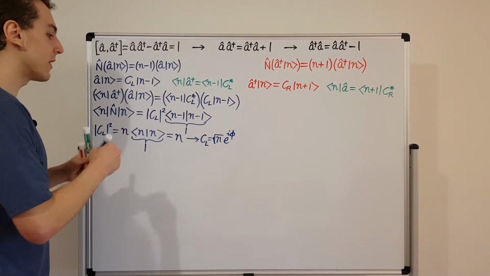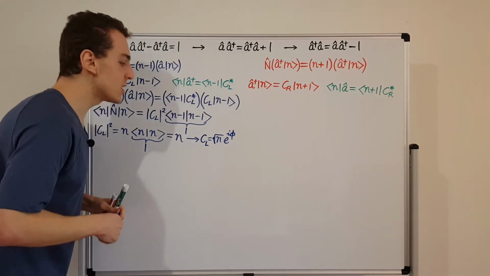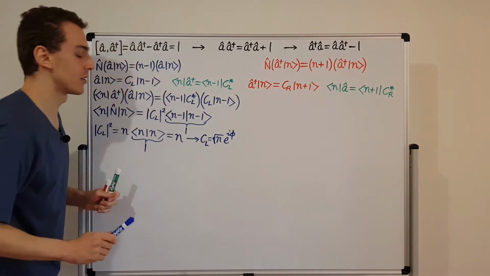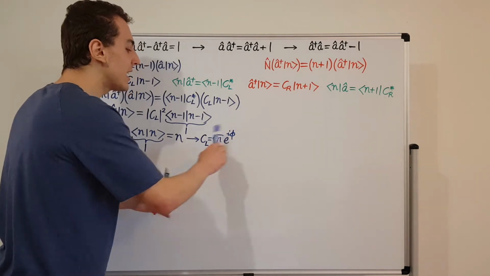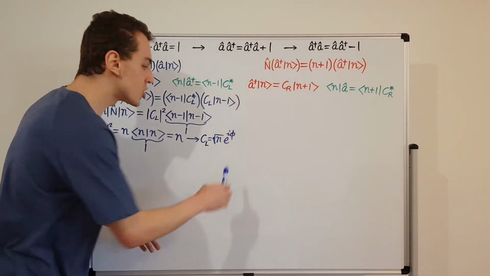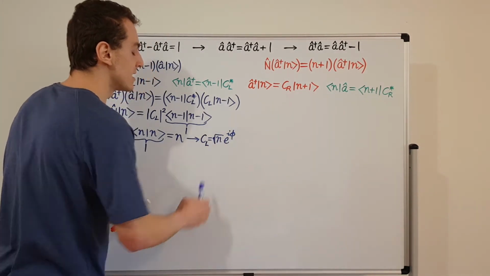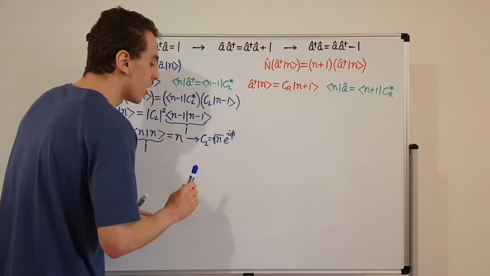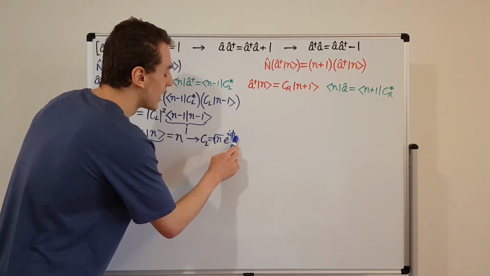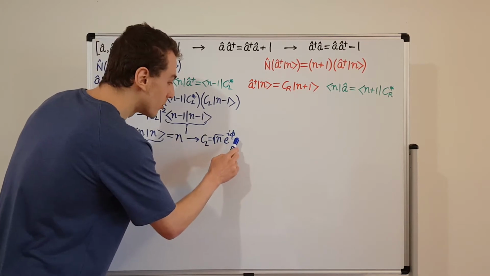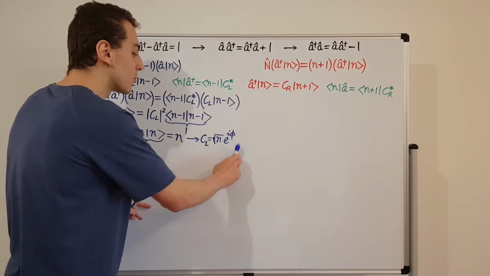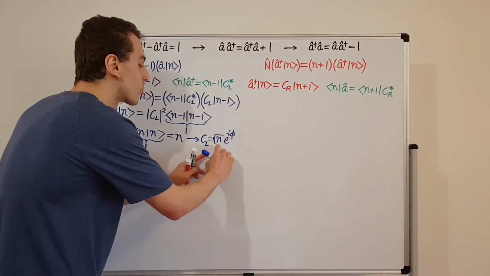But here's the very important thing. When we're interested in normalization, the phase doesn't actually matter. This phase doesn't carry any physical significance, so we can choose phi to be whatever we want. For convenience, we're going to choose phi to be 0. Then e to the 0 is equal to 1, and we're just left with the square root of n.